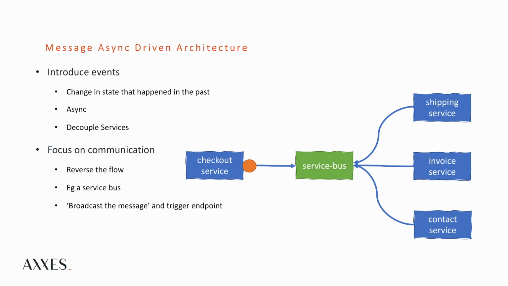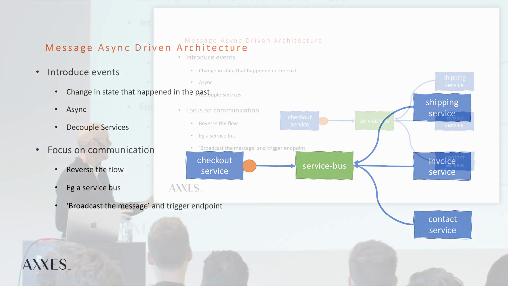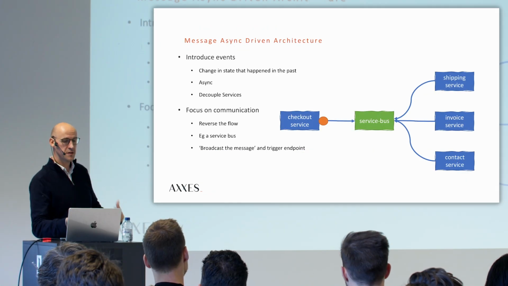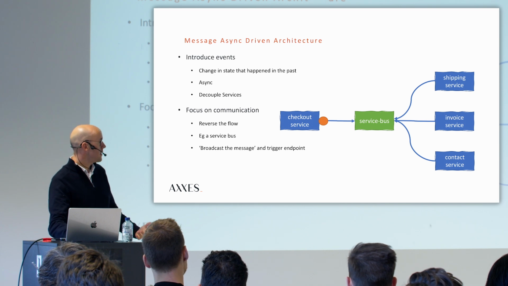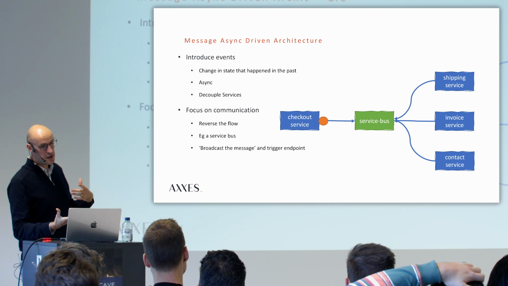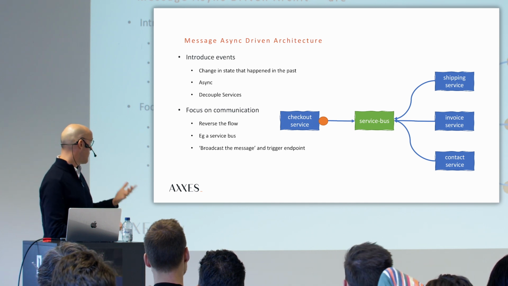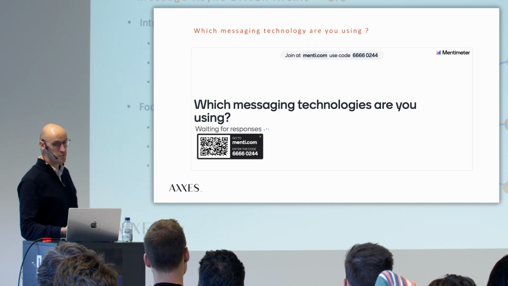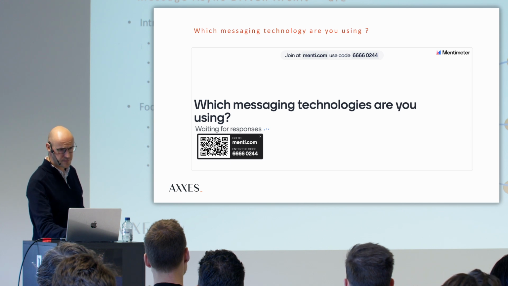No, it is the shipping service or the invoice service that is responsible for subscribing to a given event. The checkout service just has to publish its message towards the cloud, and then the other services have the responsibility to subscribe to these events. So at that moment, you are introducing decoupling into your services. You're just broadcasting.